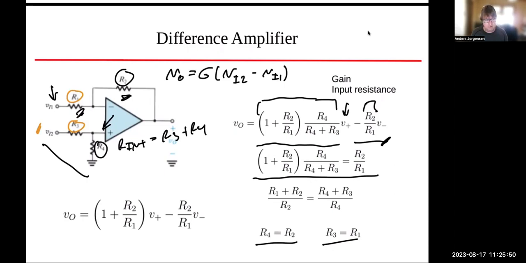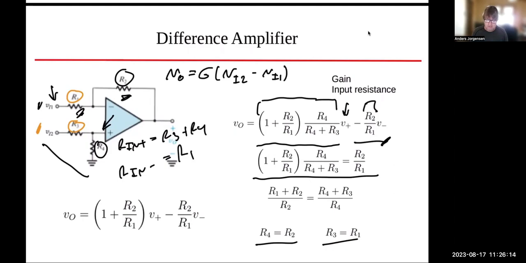If I look at the negative input, VI1 here, then R in minus ends up being equal to R1, right? Because I connect VI2 to ground. That means that the negative input terminal is at ground potential as well, and then the input resistance is R1.